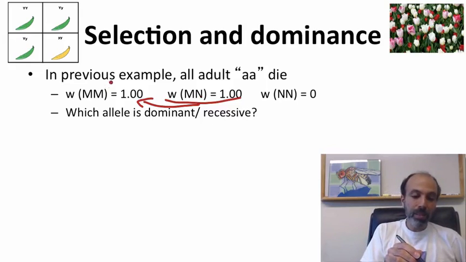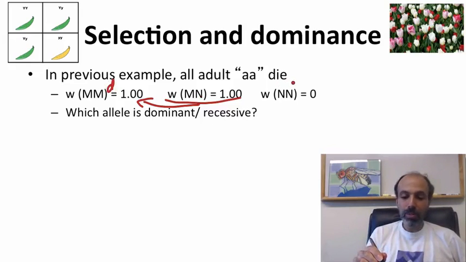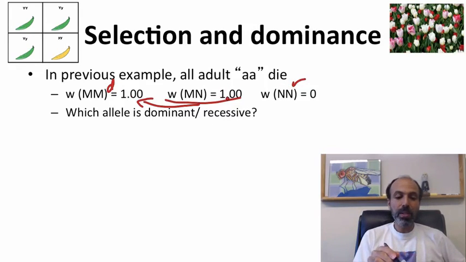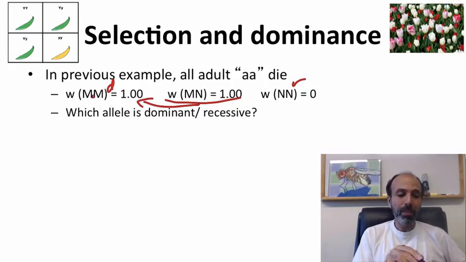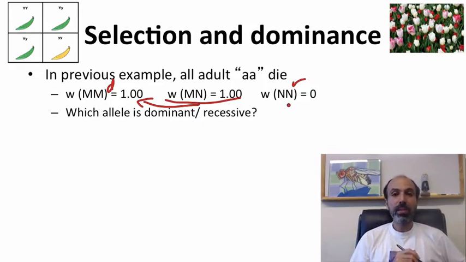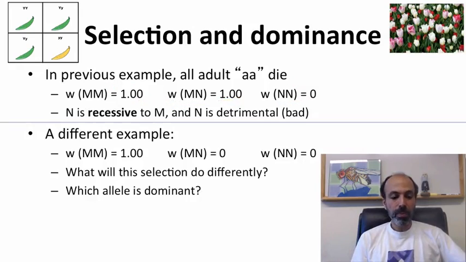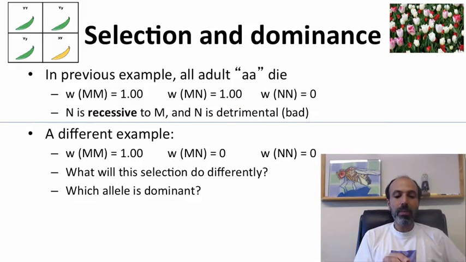Because these two have the same fitness, the M allele must necessarily be dominant, and the N allele must necessarily be recessive. In this particular case, the recessive one is also bad. This is the one that has the lower fitness too. That won't always be true, but in this particular example, it is true. So N is recessive to M, and N is detrimental or bad.